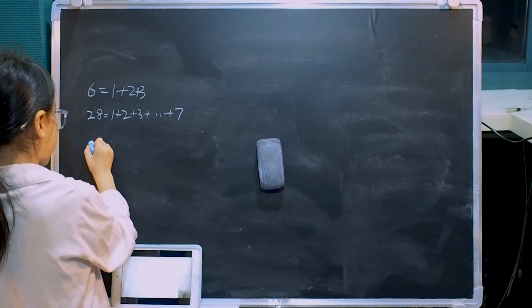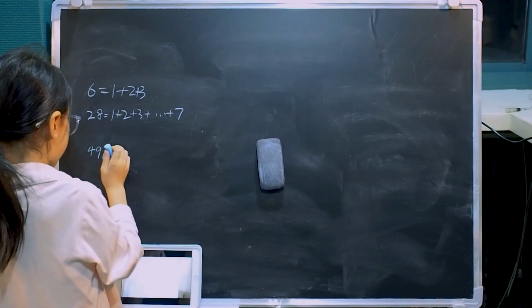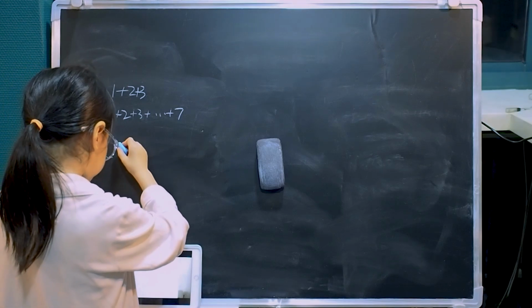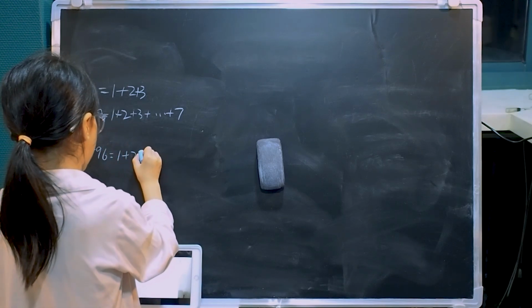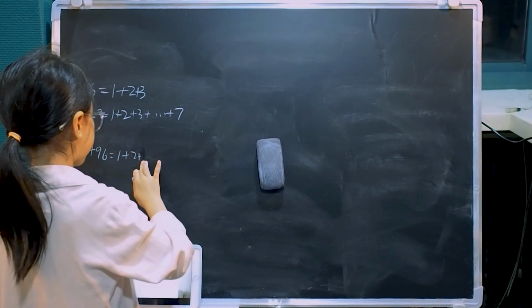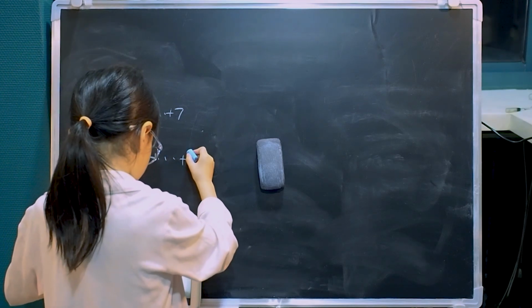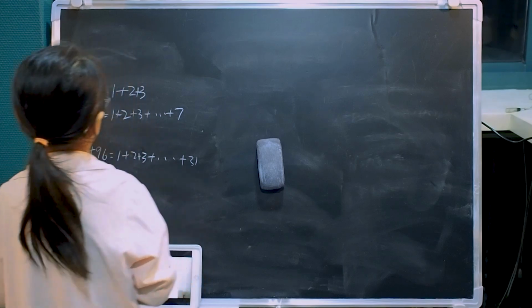And 496 is equal to 1 plus 2 plus 3 plus and so on up to 31.